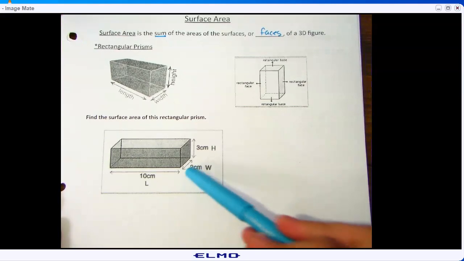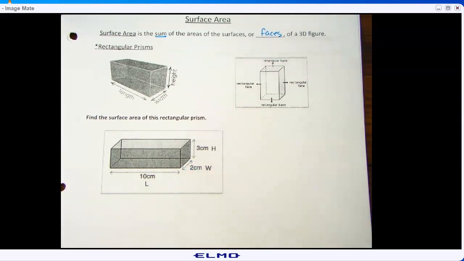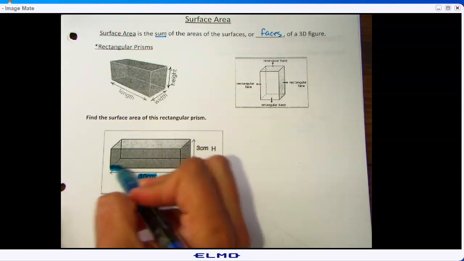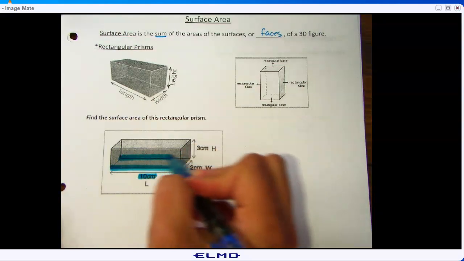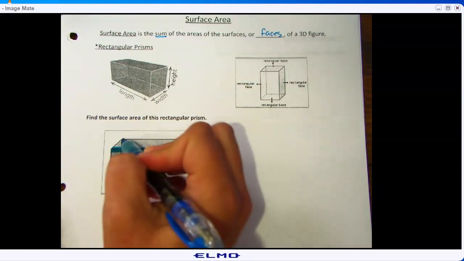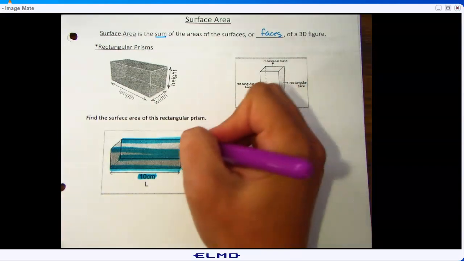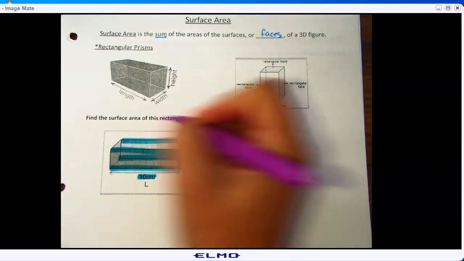So as you can see, we have a rectangular prism, and this rectangular prism has three measurements that it's providing. So 10 centimeters, which means this line is 10 centimeters. These four are all 10 centimeters. And then we have our height, which is 3 centimeters.